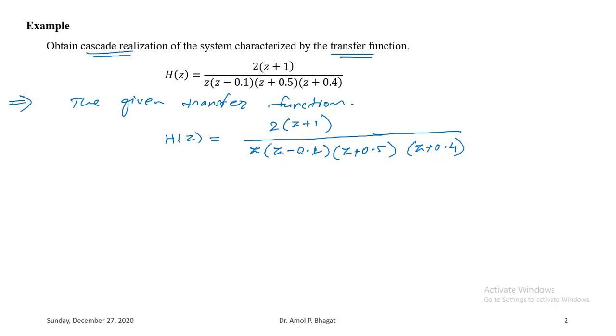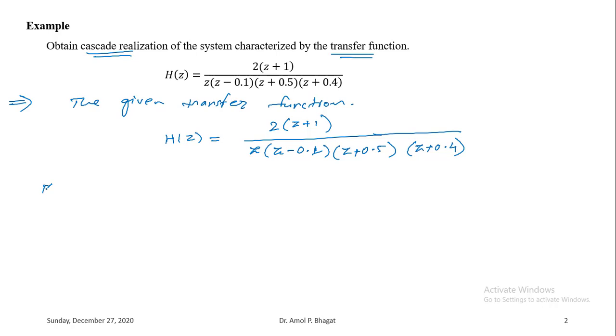multiply z to the power minus 4 in numerator and denominator, so that we obtain the given system function or transfer function in the required form.